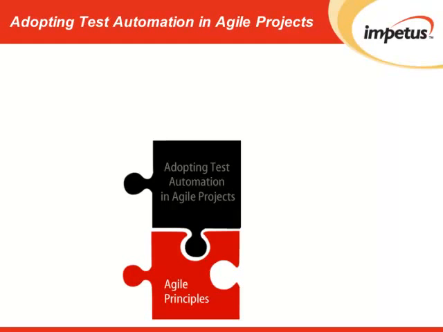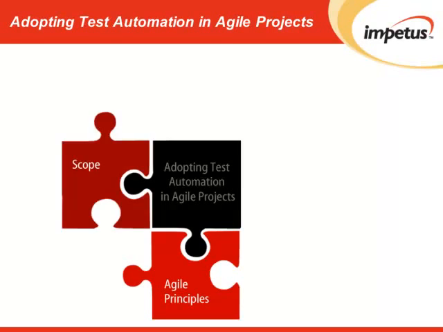Now, we believe that the need for automation is reflected in the different Agile principles. The first one is identifying the right automation scope at all levels. Now, this implies that identifying the right candidate helps in getting the optimum coverage.